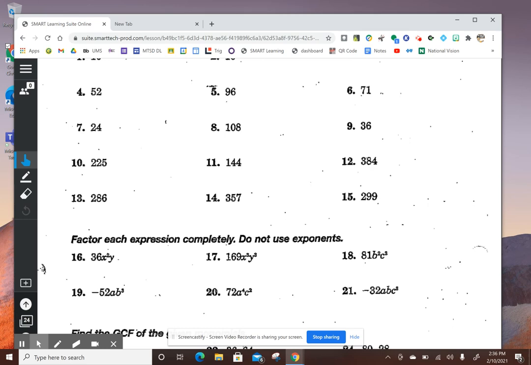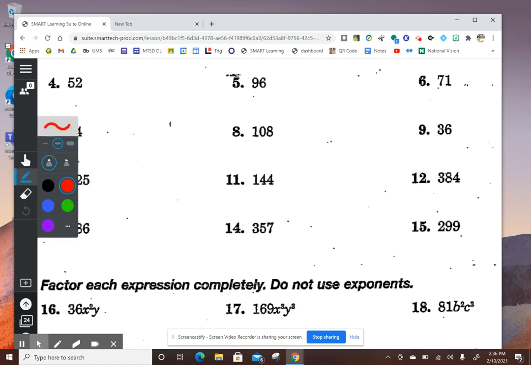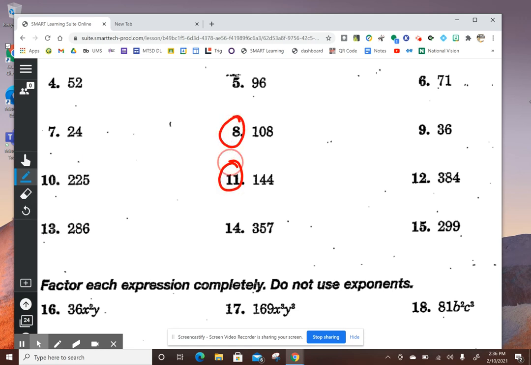Let's do prime factorization of, let's say, 8, 11, and 14. So 108, I'm going to first divide by 2 and get 54.